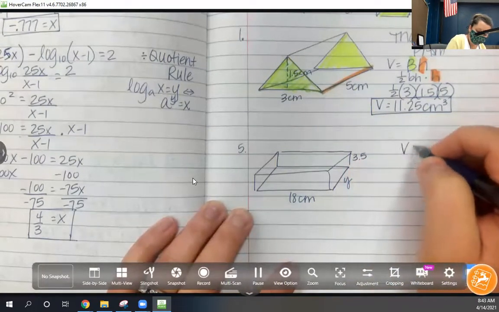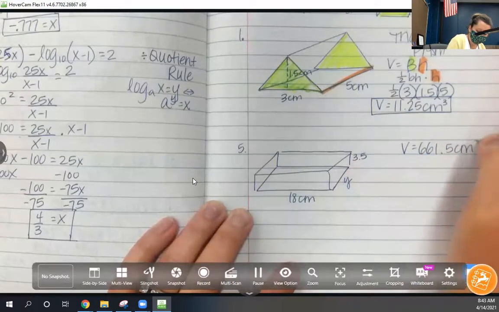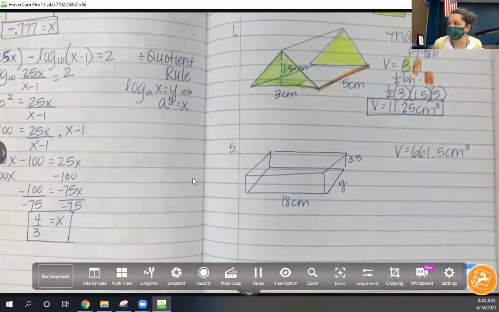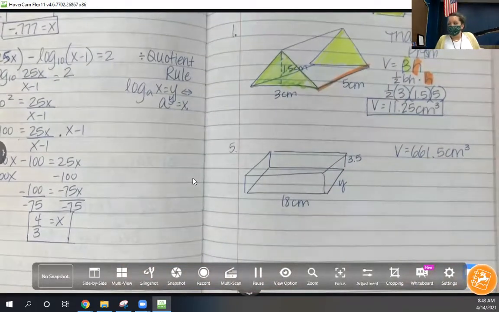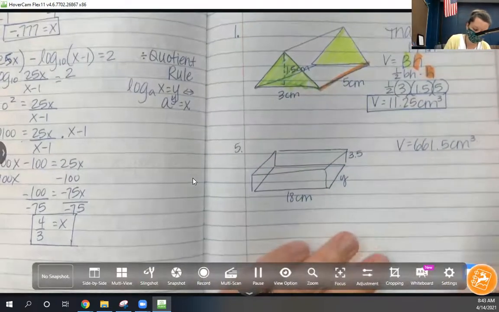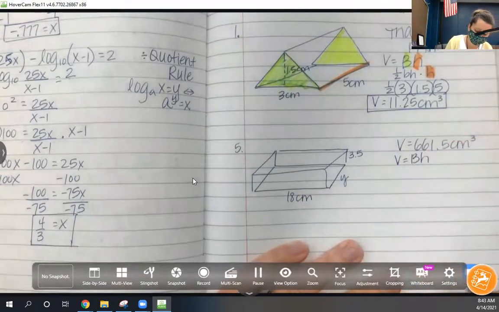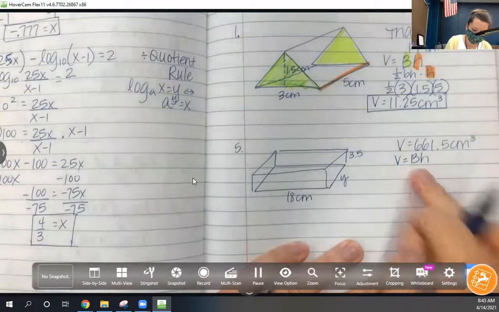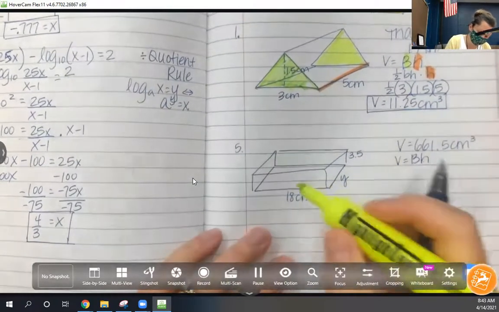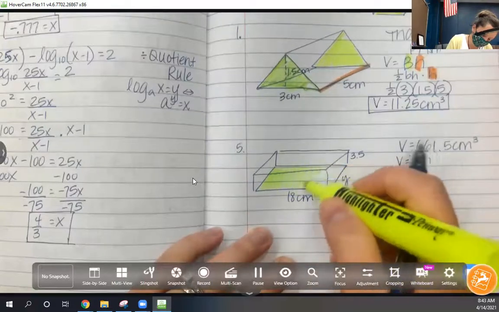It tells me that the volume is 661.5 centimeters cubed. There's our cubed again. And it tells me to find the value of Y. So looking back, I know that volume is the base area times the height. In this case, my base, I'll highlight it in yellow here, is a rectangle.